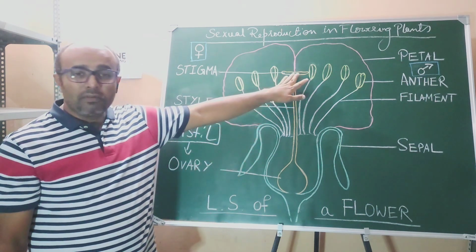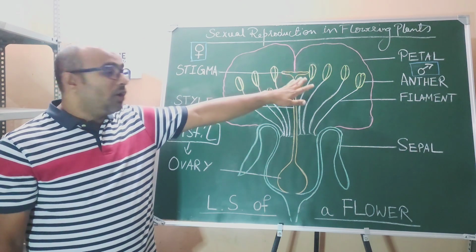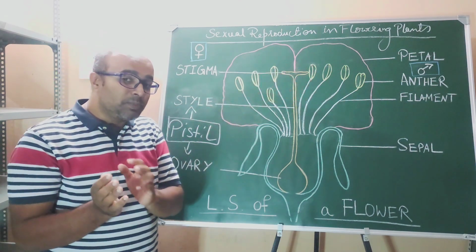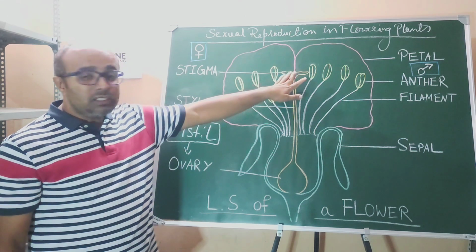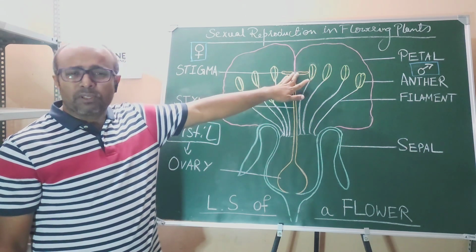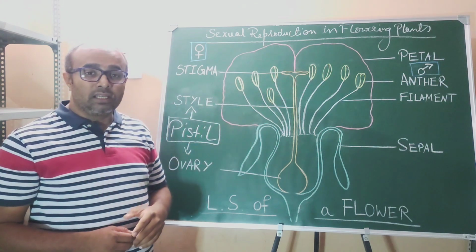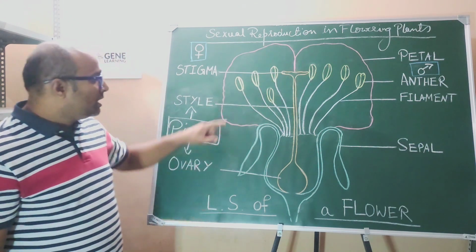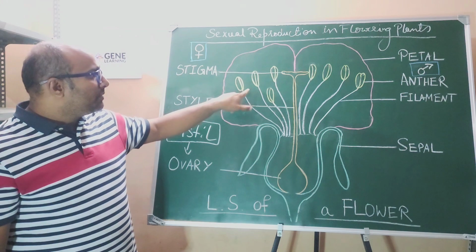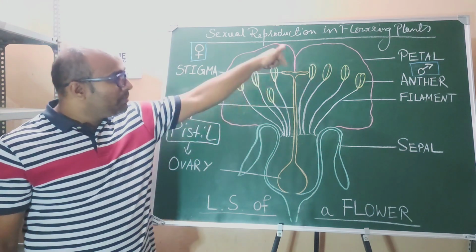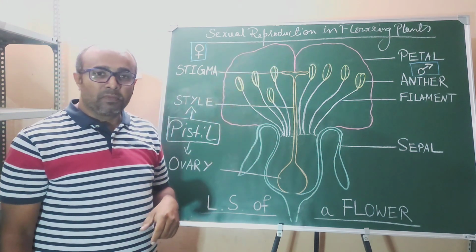But there are chemical or chemotactic reactions which take place between the chemicals or the nectar or whatever is present on the stigma and the pollen grains. I'll give you a scenario. Imagine a pollen grain from the same plant comes and sticks to the stigma.